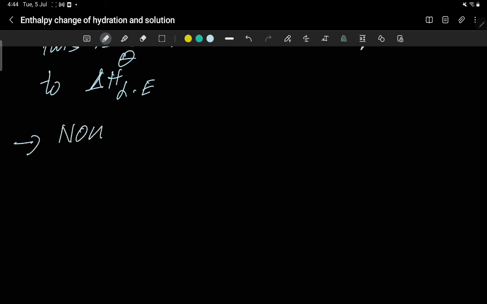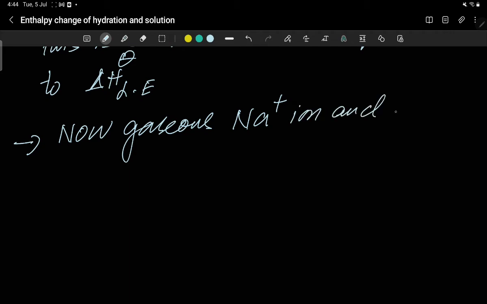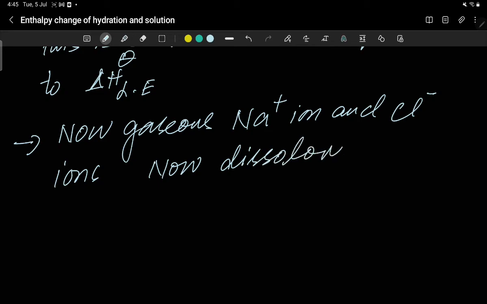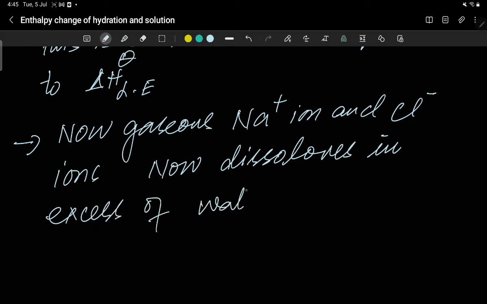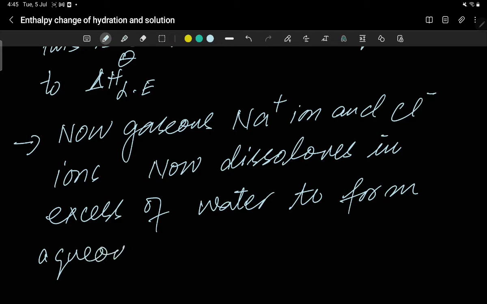Now gaseous sodium ion and chloride ion now dissolve in excess of water to form aqueous ions.